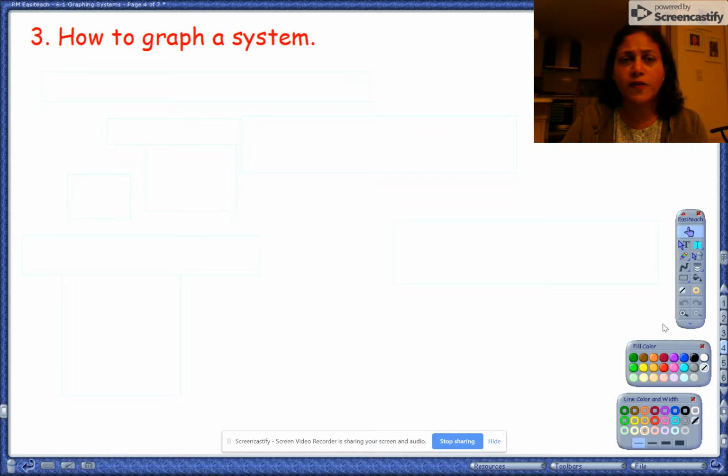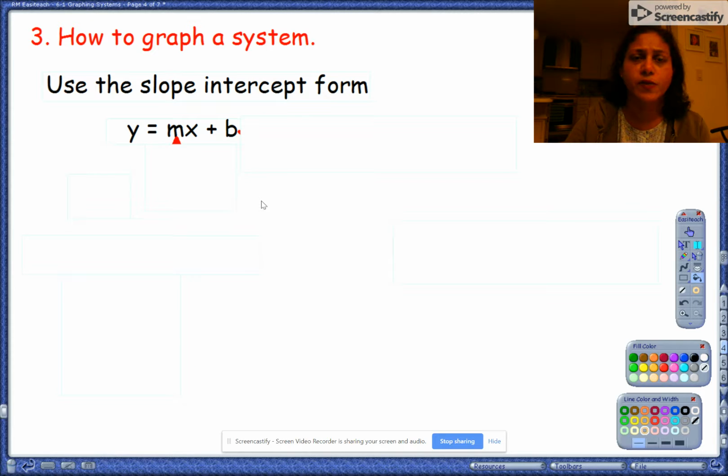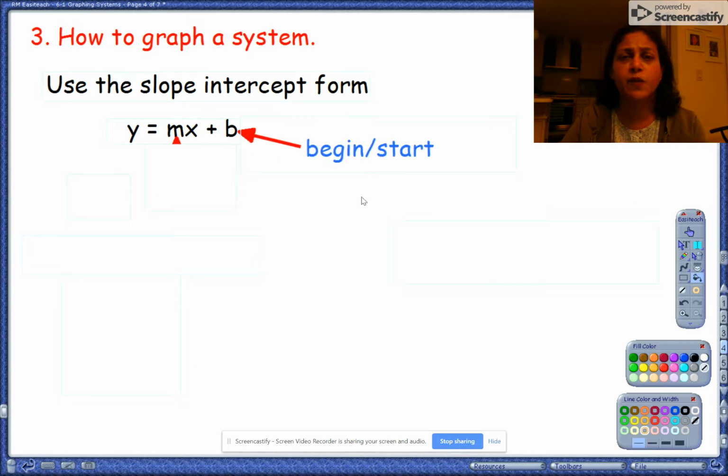So how to graph a system? You already know how to graph it, but just a few reminders: you can use the slope-intercept form. If you remember, the slope-intercept form looks like y equals mx plus b. The b is your y-intercept. It tells you where to begin.